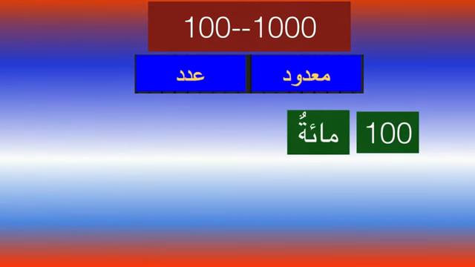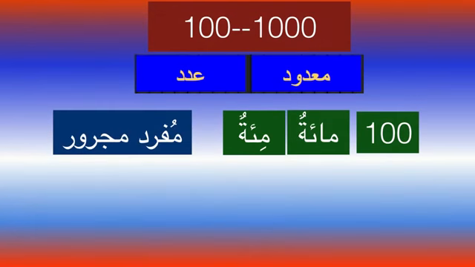So 100 in Arabic is written as mi'atun or mi'atun. If you see the first one, where there is an alif after the meem, it is only written but not pronounced, which is the most common way. And the ma'dud, the thing which is counted, will come afterwards and it is a mufrad and majroor. That's the difference here.